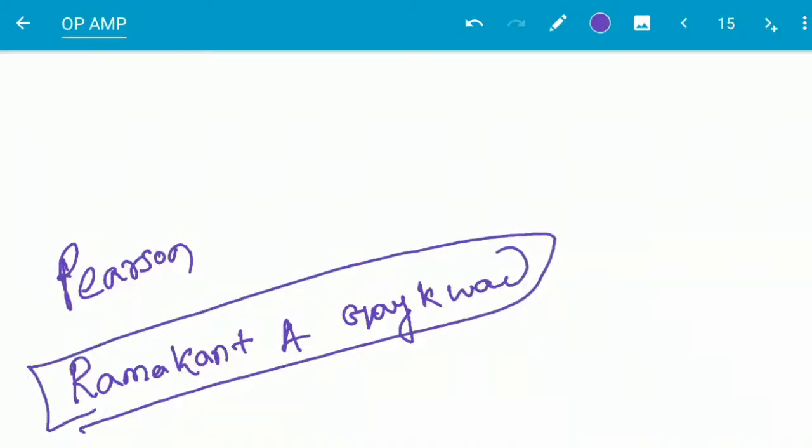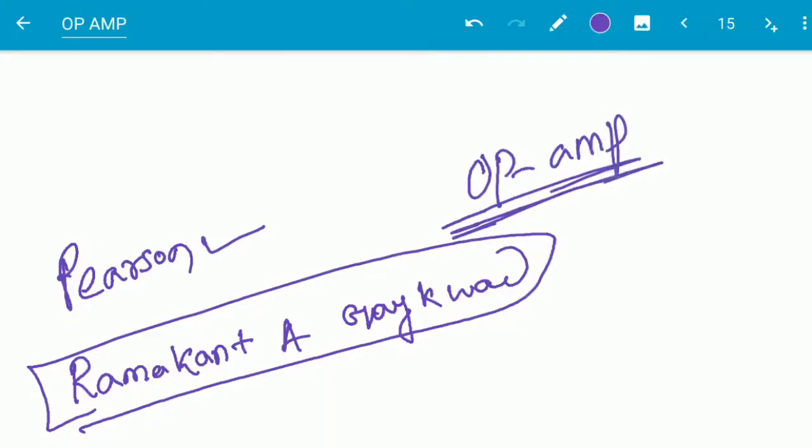This is from Pearson, and its low price edition is available in India, and this is the best book for op-amp. Op-amp is part of analog electronics. You can also find op-amp circuits and their analysis in Boylestad or Sedra Smith. And if you want to know more about the op-amp and its applications, this is the best book available in India.